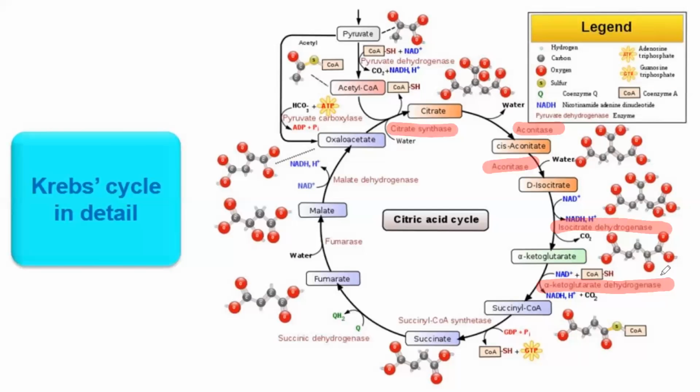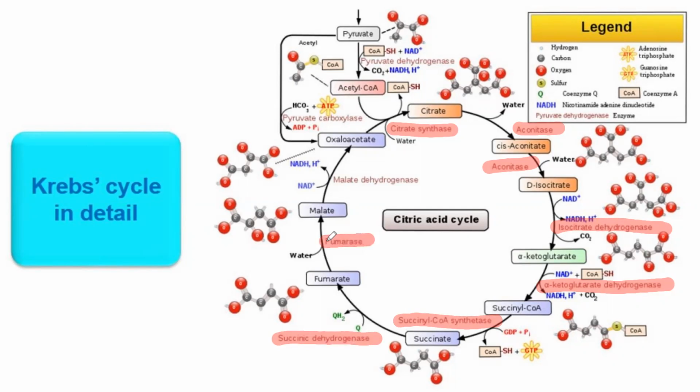The conversion of succinyl-CoA to succinate is performed by succinyl-CoA synthetase. Conversion of succinic acid to fumaric acid is done by succinic dehydrogenase.